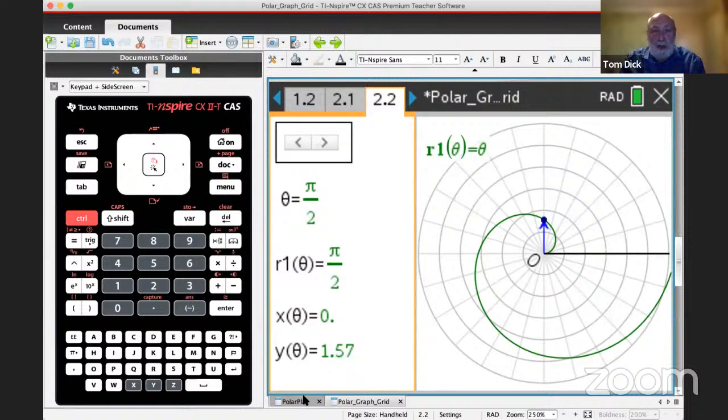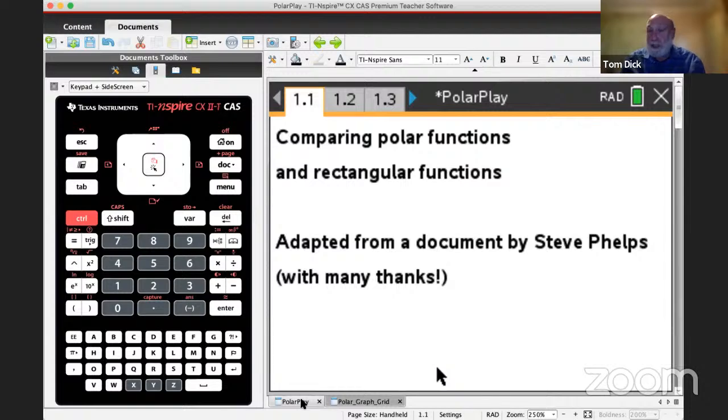Now, Vicki had recently shared a document with me that was, I think, created by Steve Phelps. Yes. And I tweaked it a little bit, but I thought it was really cool. Thanks to him, it was a way to see that these polar expressions, where you see r of theta, we really should think of as another kind of function.